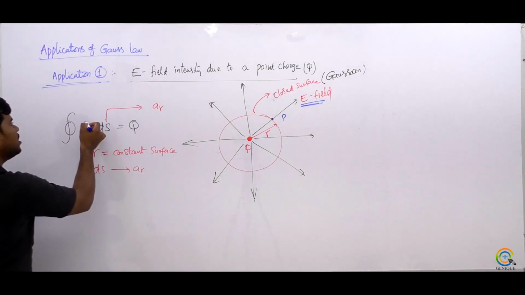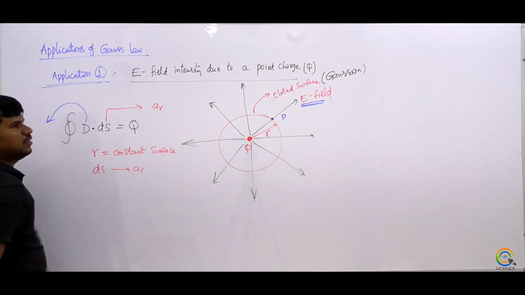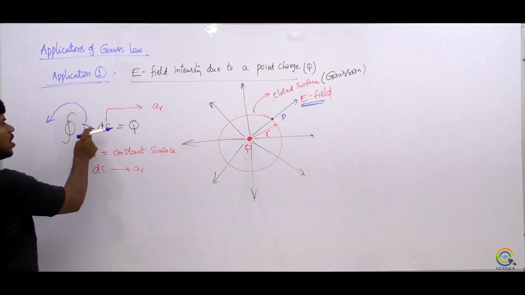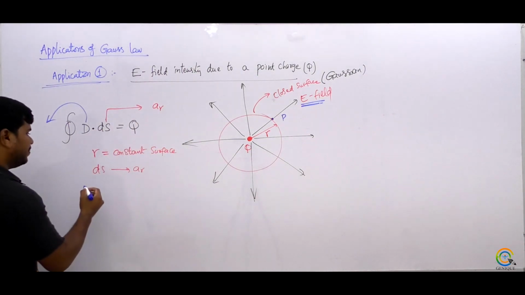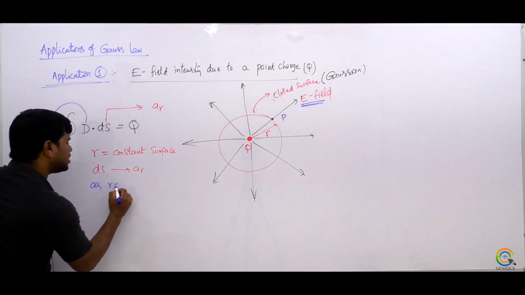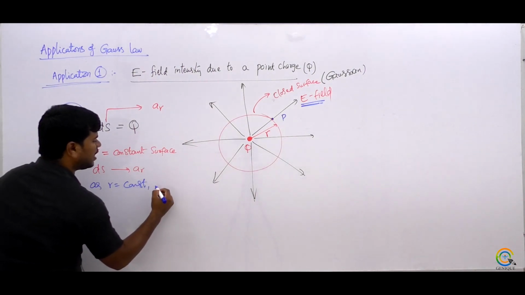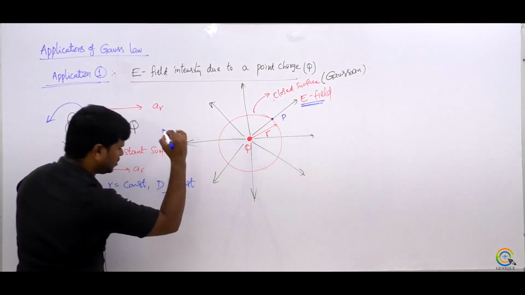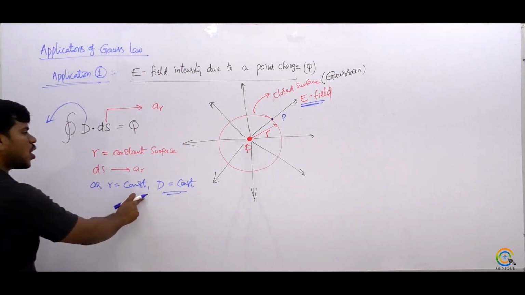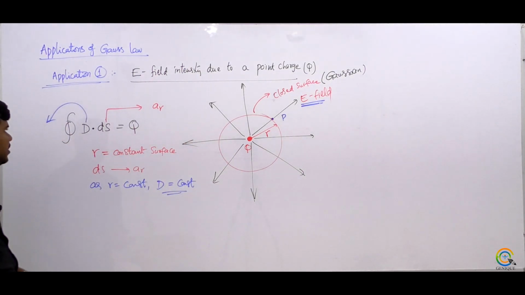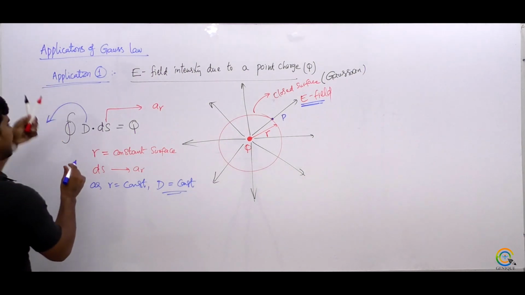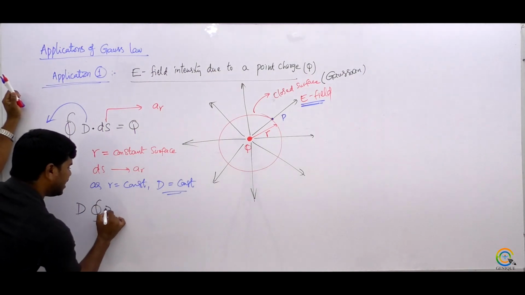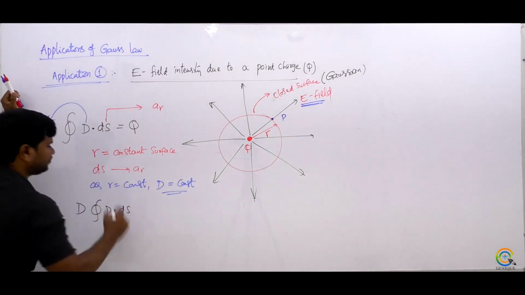So you can write D outside the integral because it is constant. As r is constant, D is also constant. You have to note this. So you can write D outside the closed integral of dS.